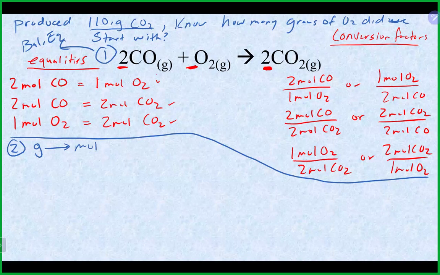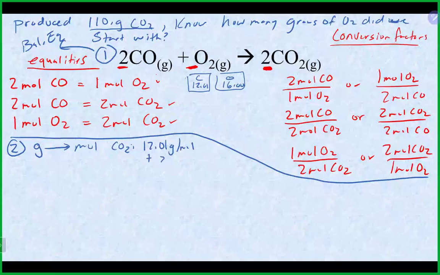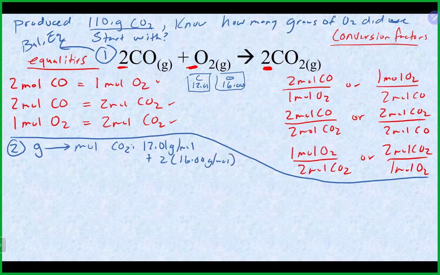That's going to require us to go to the periodic table, right? We're going to find our carbon that says 12.01. We're going to find our oxygen that says 16. And we're going to add up the molar mass of CO2, which is 12.01 for our carbon, plus 2 times 16 for our oxygen, and that's going to get us 44.01 grams per mole as the molar mass of our CO2.